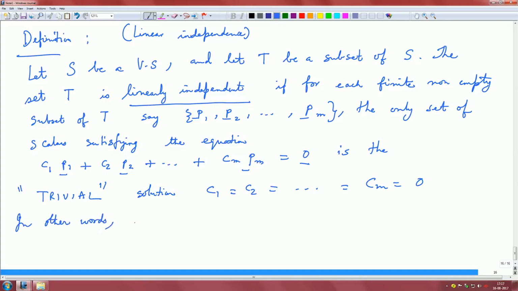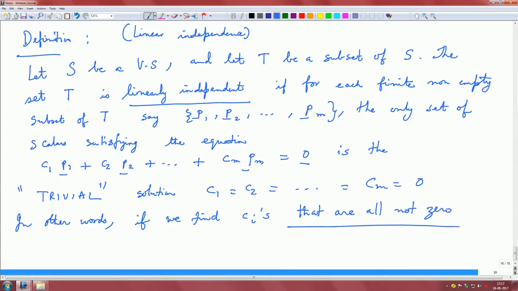In other words, if we find Cis that are not all 0, it is a very important step. Some can be 0, but some cannot. Even if I give you one element which is non-zero, then it breaks.